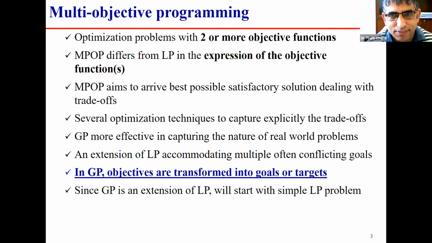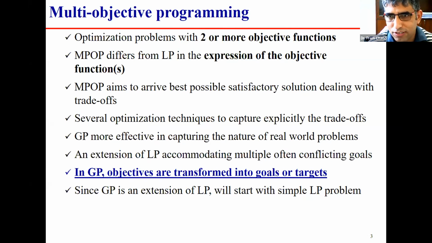Some basic concepts. Yes. As the name suggests, multi-objective optimization problems deal with more than one objective. Then we call it multi-objective, and it is different from LP in terms of expression. Otherwise, it's a kind of extension of LP. We solve it through a different method. Here what we do is not find a rigid or single solution.